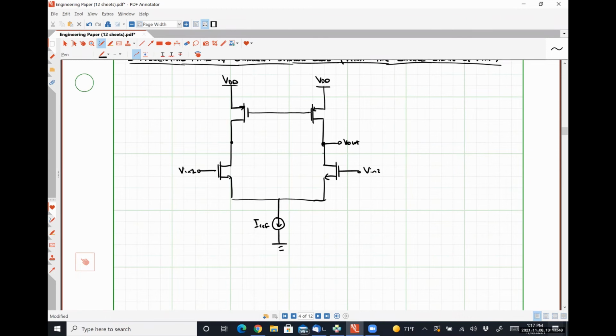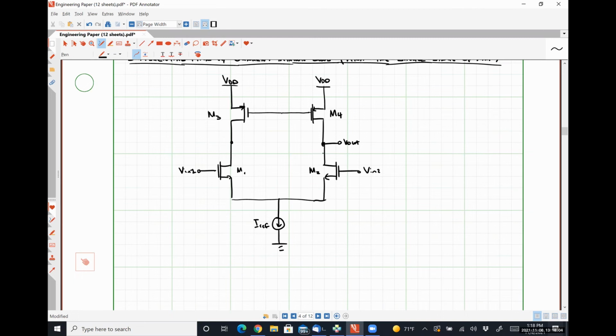So we have M1 and M2 loaded with PMOS transistors, M3 and M4, and our gates are tied together.